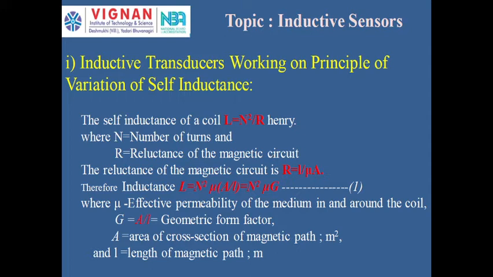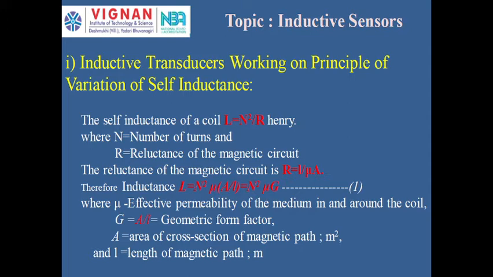The first one: inductive transducers working on the principle of variation of self-inductance. Generally, the self-inductance of a coil is given by the equation L equal to N square by R, where L is the self-inductance of the coil, N is the number of turns of the coil, and R is the reluctance of the magnetic circuit.